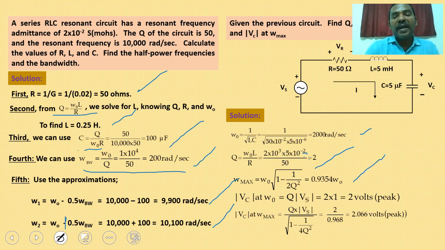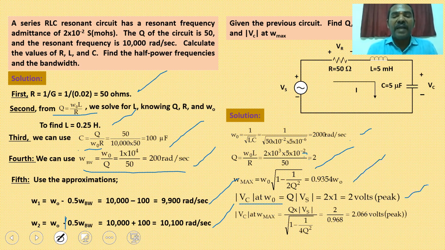So now at omega naught, for VC you are calculating Q into magnitude of Vs. So here the magnitude of Vs you are taking as 1. So then the peak voltage is 2 volts.